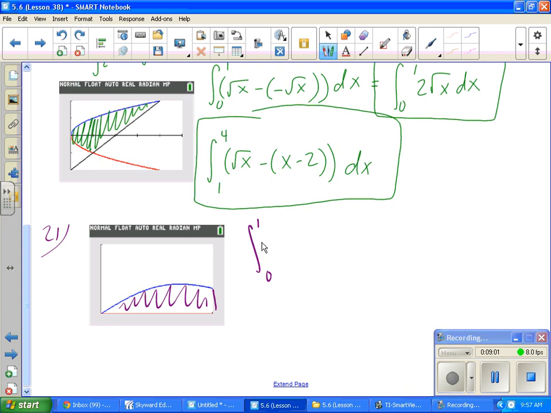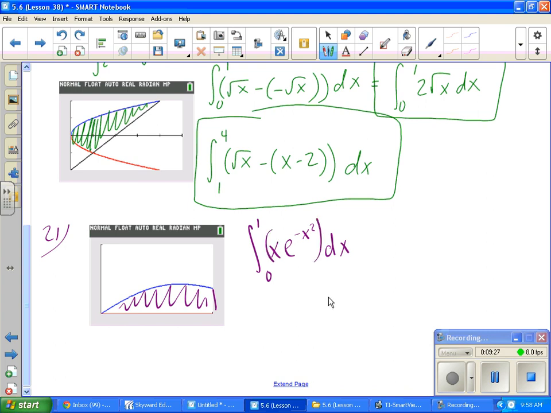What's the top equation? Okay, and then my bottom equation is just 0, right? So do I really need a minus 0? Not really, right? So this is my equation.